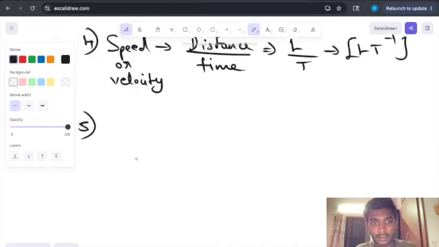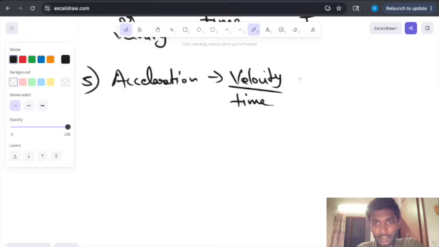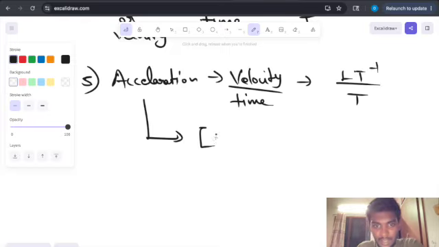Next we'll look at acceleration. Acceleration is velocity by time. So I can write velocity's dimension LT minus 1 by T. This gives me acceleration's dimension as LT to the power minus 2. So this is acceleration.